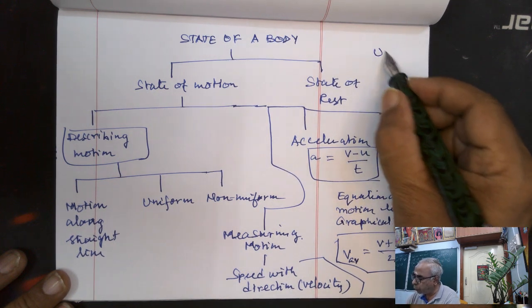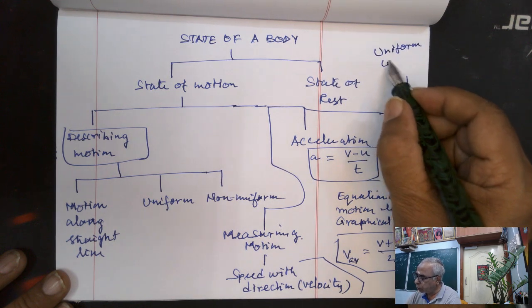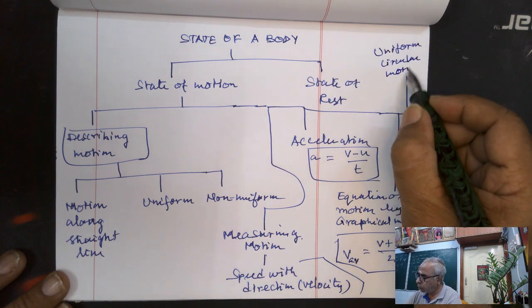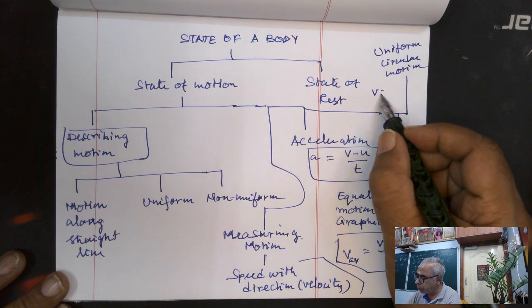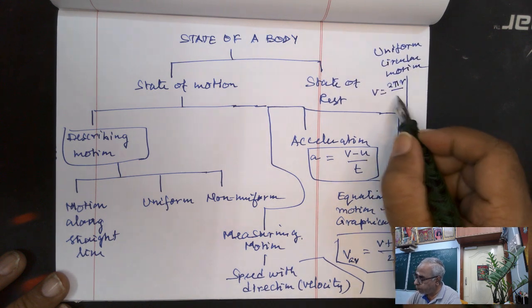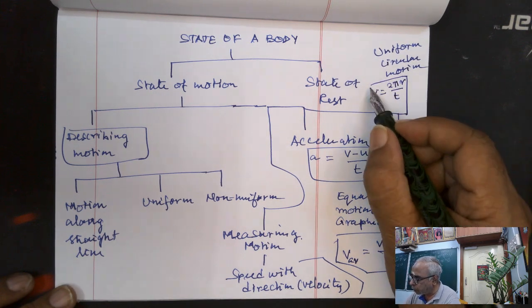So, uniform circular motion. This is given by the equation v is equal to 2 pi r divided by T, where r is the radius of circular motion.